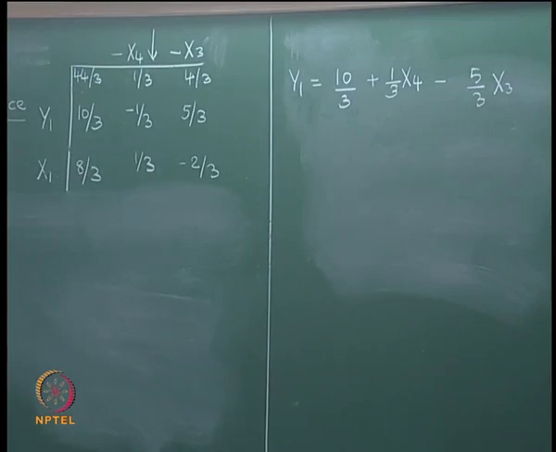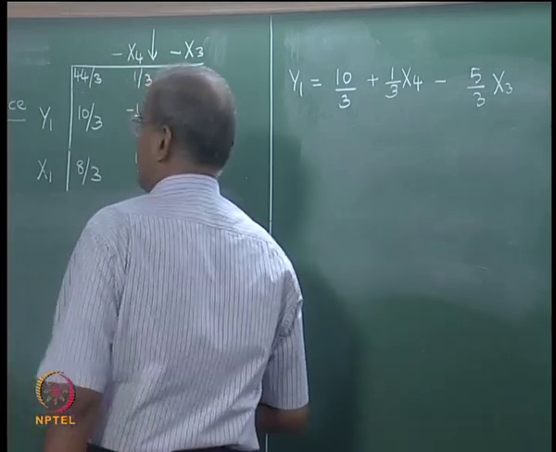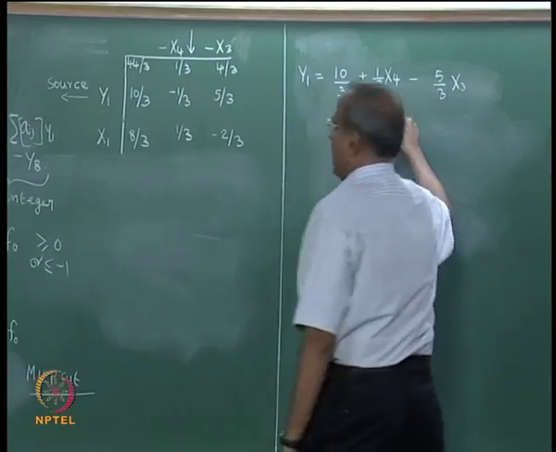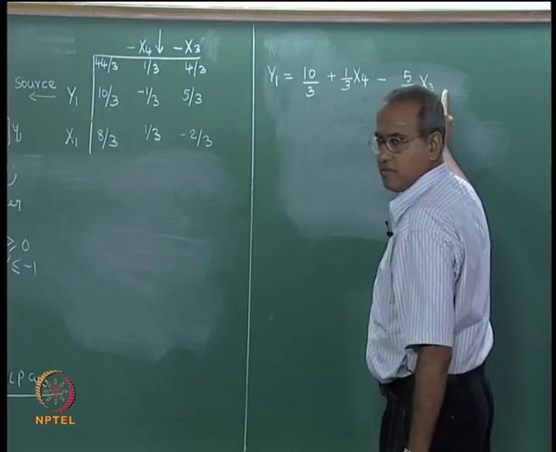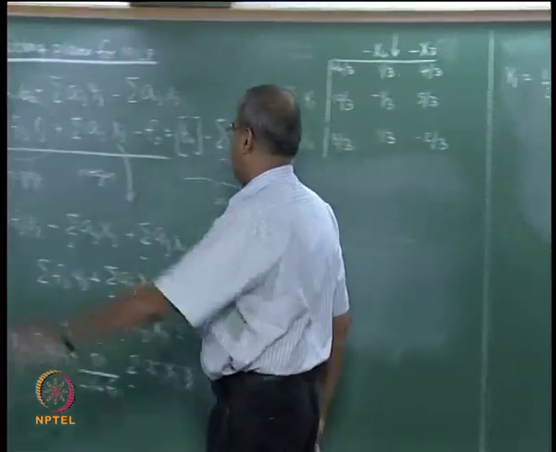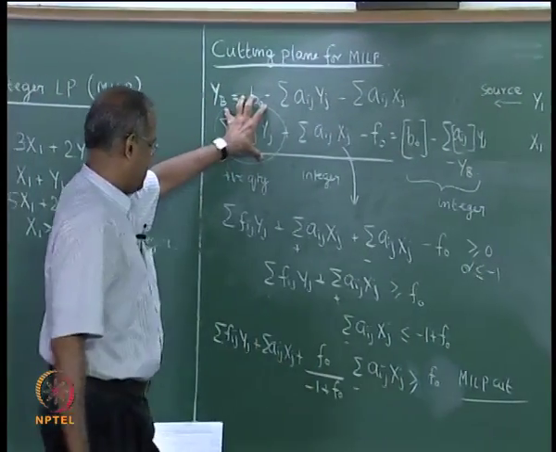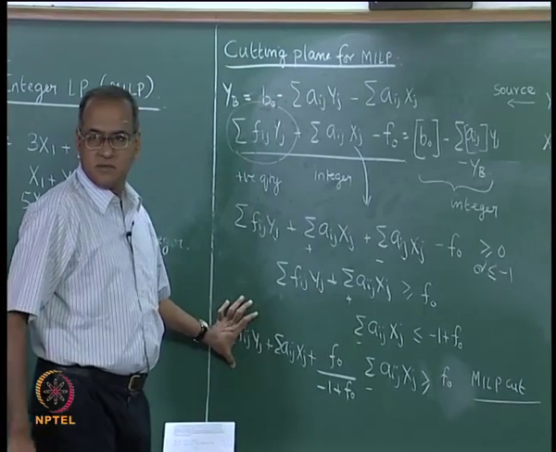So, we are simply bringing all the Aij, Xj's to this side, Yb goes to the other side. So, finally what happens? There is no y variable here, therefore, this term does not exist.